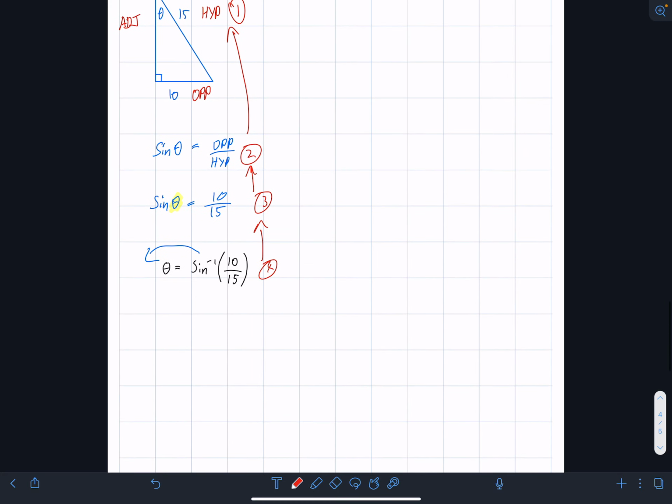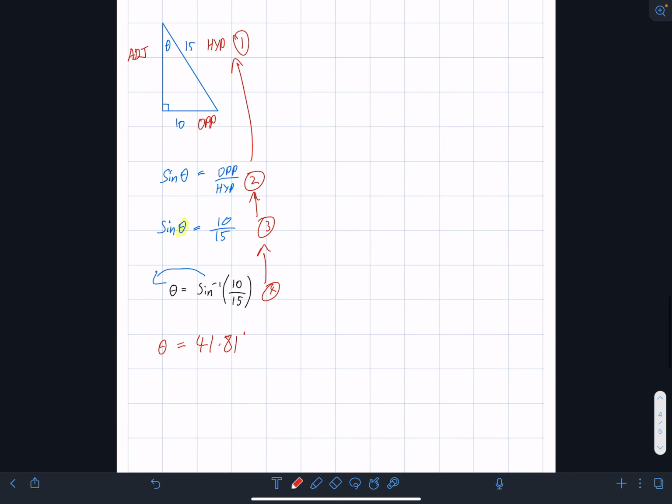And finally for this one, our third one, sine to the power of negative 1, 10 over 15. And so the answer becomes theta equal to 41.81 degrees. Okay, and so we've just gone through and solved step 5.